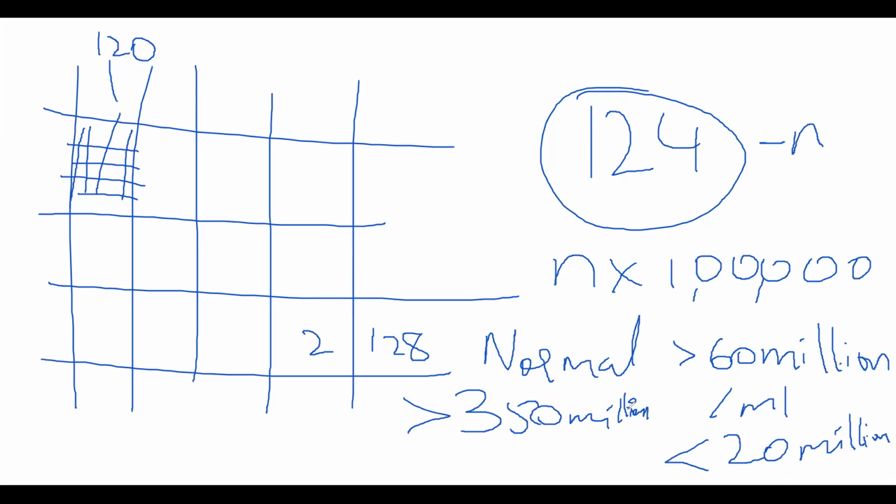But the lower end will be less than 20 and the upper end will be more than 350. If there are more than 350 million sperms per ml in the sample, then that is polyzoospermia. If you have less than 20 million, that will be oligozoospermia, a decreased sperm number.